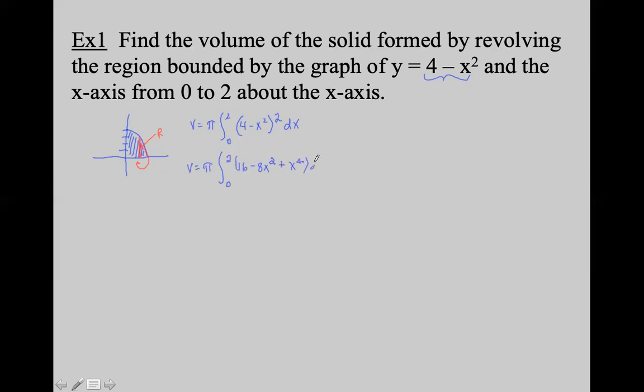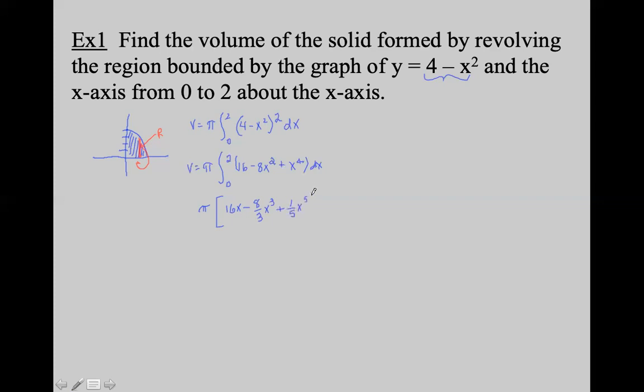All right, we're going to find the antiderivative of that. Don't forget to multiply by pi. That's something that tends to be left out when students do these. So 16x is the antiderivative of 16, minus 8/3 x cubed, plus the antiderivative of x to the 4th, 1/5 x to the 5th.